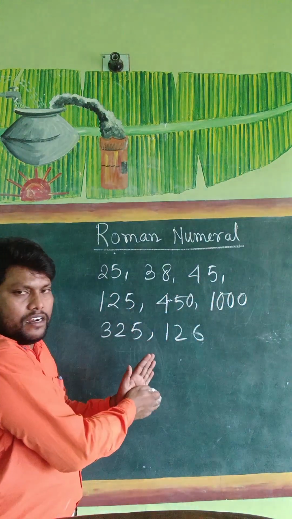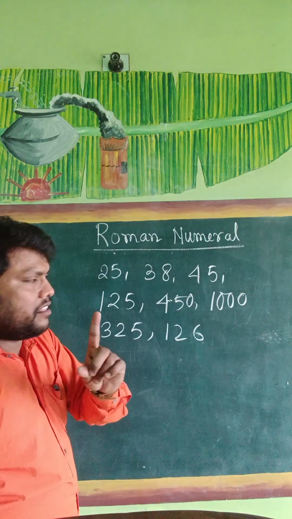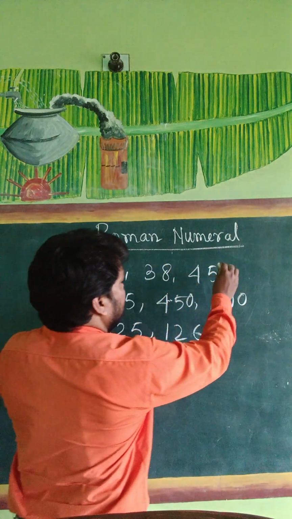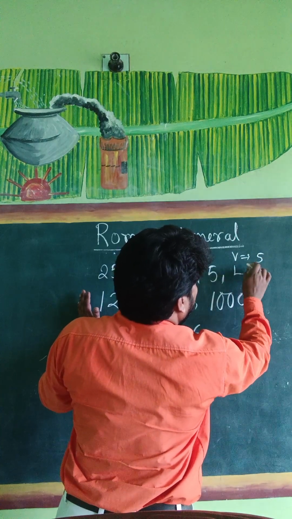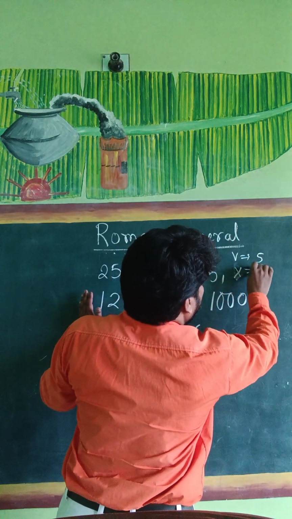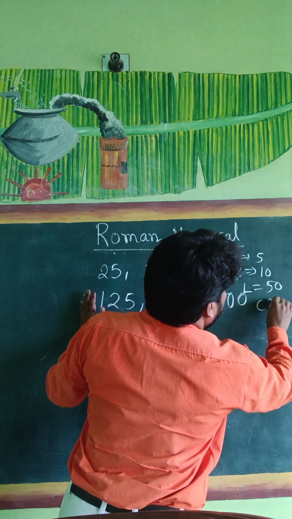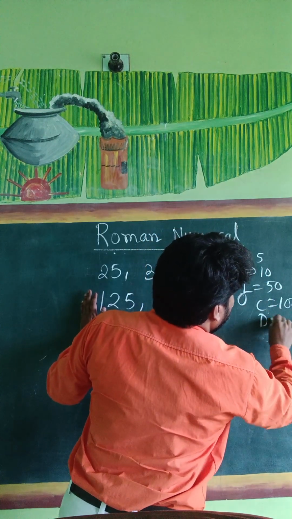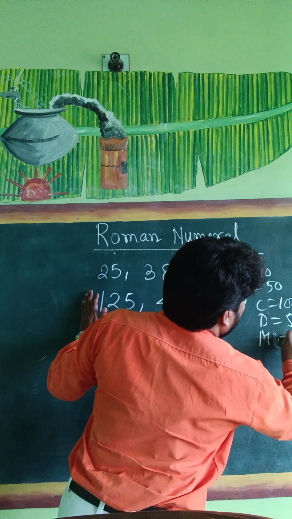When you learn about Roman numerals, first write the values of the Roman numerals. I means 1, V means 5, X means 10, L means 50, C means 100, D means 500, M means 1000.